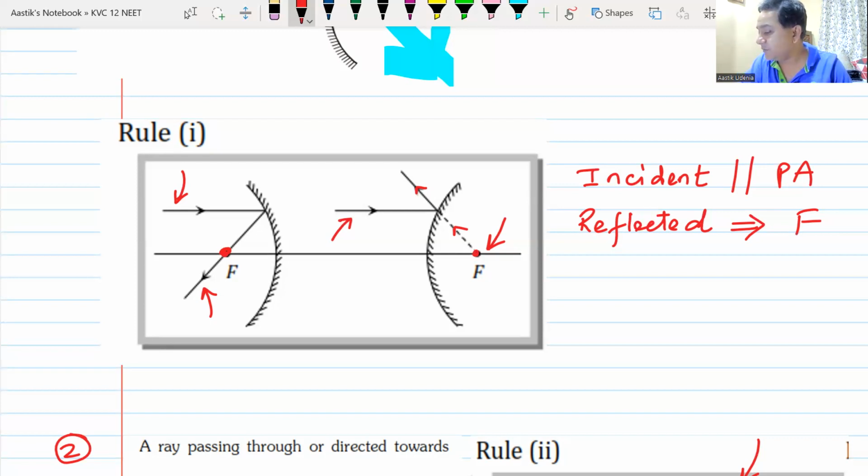I'll give you time to note it down. Once you note it down, please let me know. I will move on to rule number 3. Don't worry, I'm giving you time. We have time right now. Once you are done, please let me know.